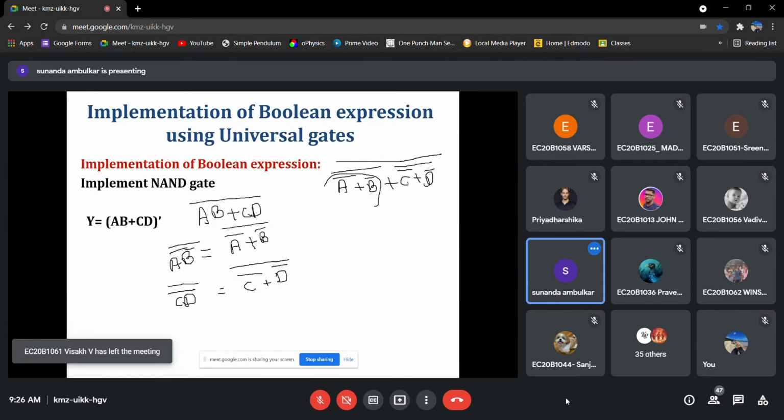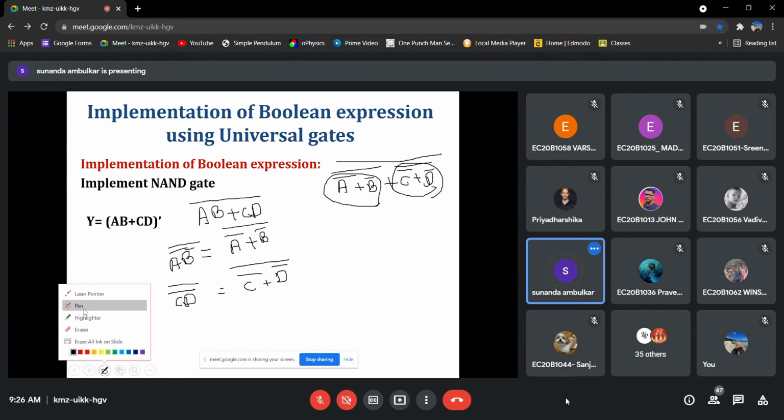Suppose this is one term, assume this is x, this is y. The whole bar is this. Here one more bar, here one more bar, and this becomes x and y with plus between these.